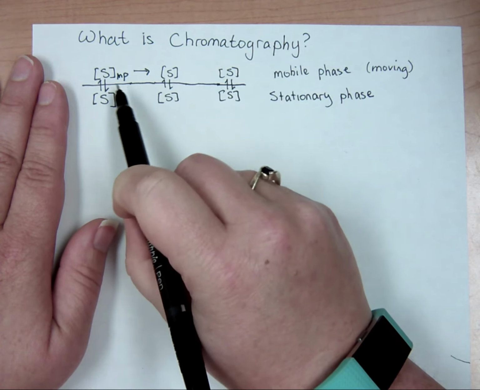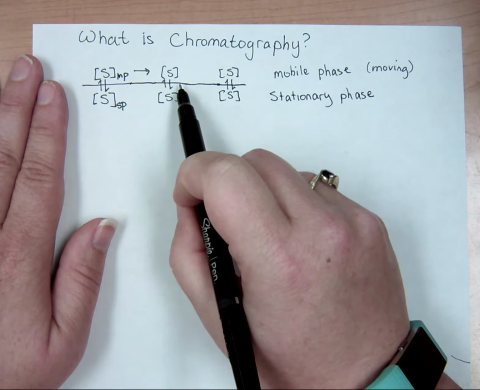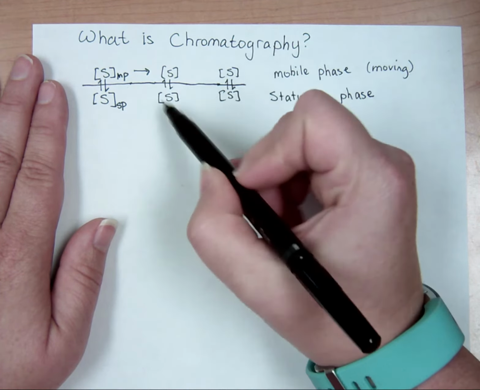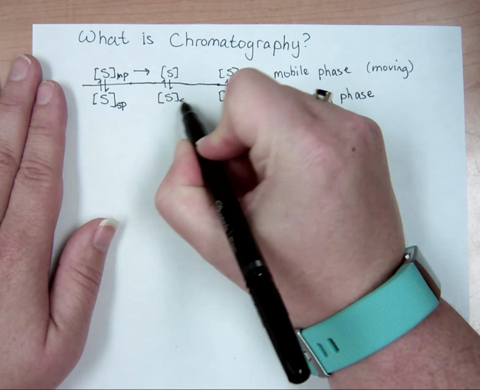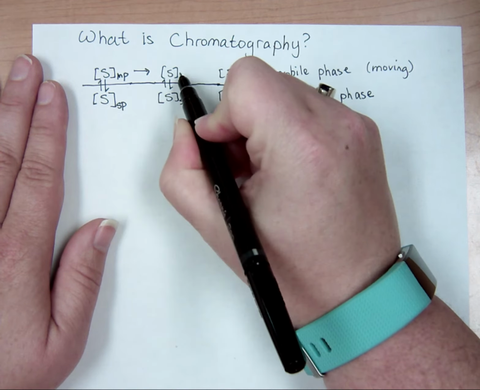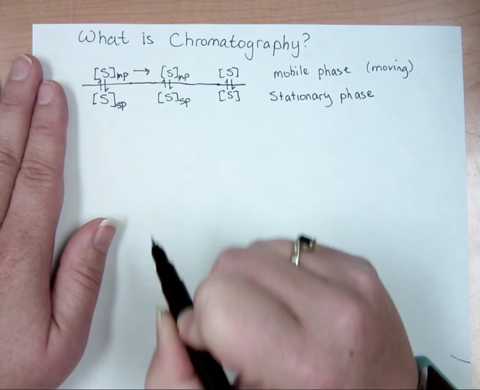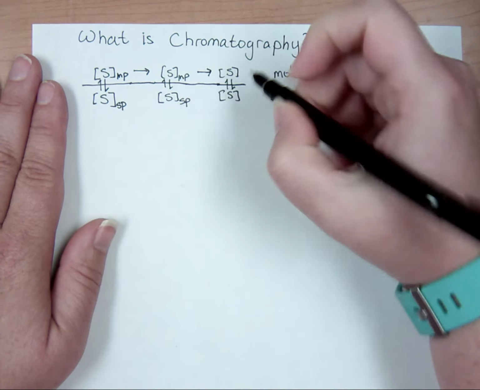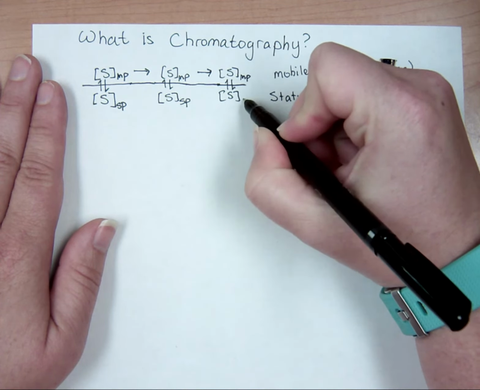So it will move along a little bit further and then hit another point where it will interact with the stationary phase again. There will be some kind of an extraction, some will be left in the stationary phase, some will be left in the mobile phase, and whatever returns to the mobile phase is going to continue moving, and so on and so forth.